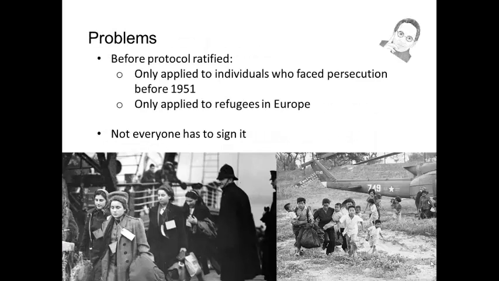There are some problems with this particular convention. One of them is that it was only designed to apply to people applying for refugee status or fleeing Europe, particularly from World War II. And secondly, it was only really concerned with people facing persecution prior to 1951.